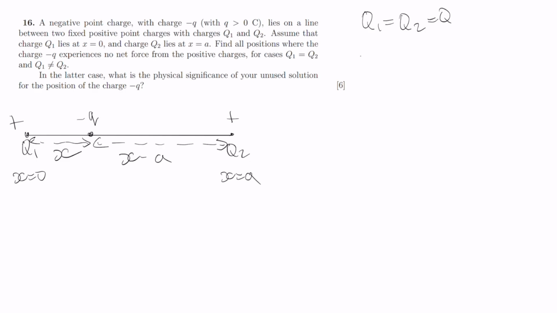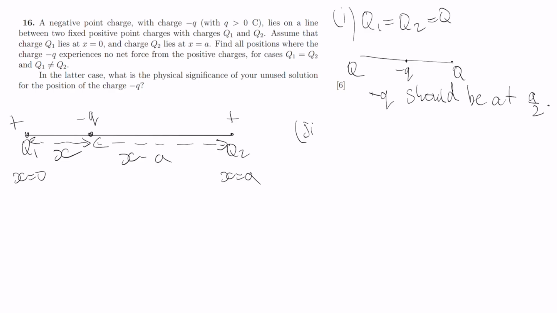So what we'll need to do is place our negative charge right in the middle. This will happen when minus Q is placed at a over 2.